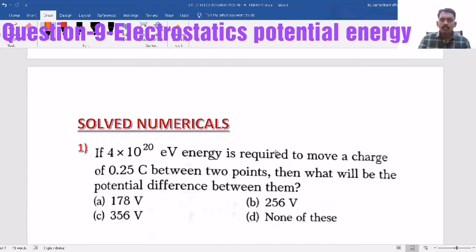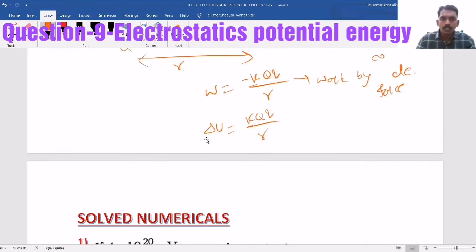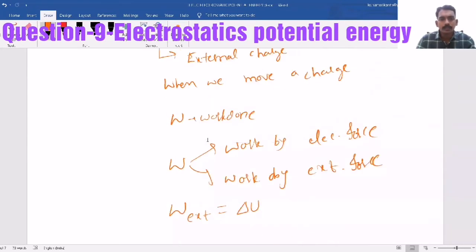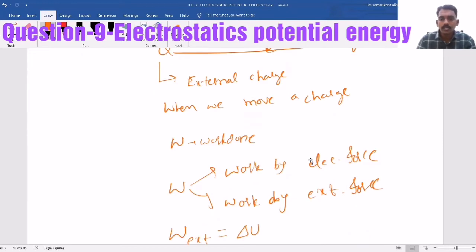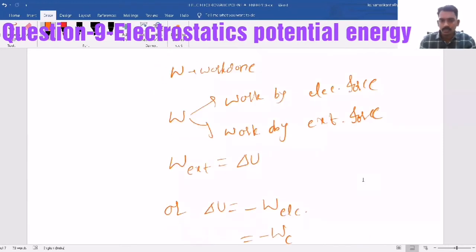Also here one more thing you need to understand, that they'll ask the question mainly based on what is the work done. See, this is the work done in changing the configuration.